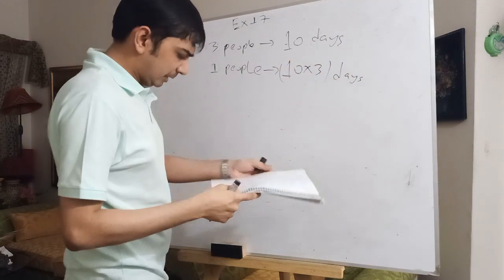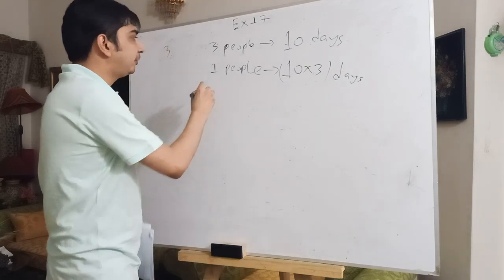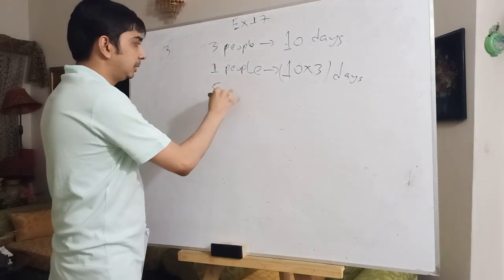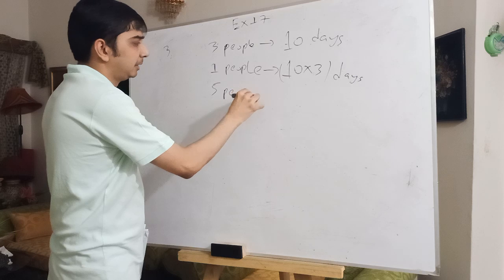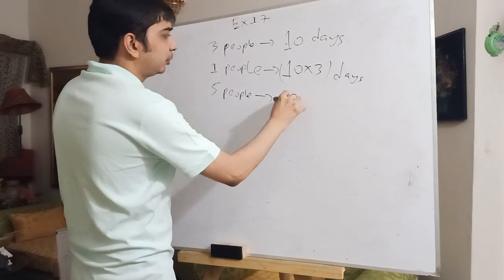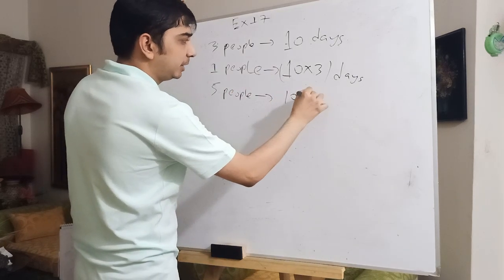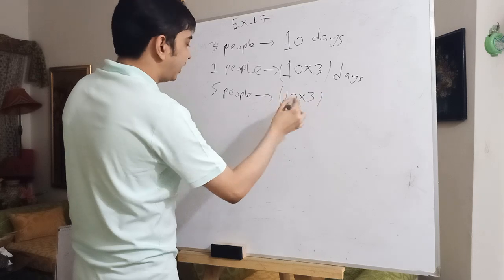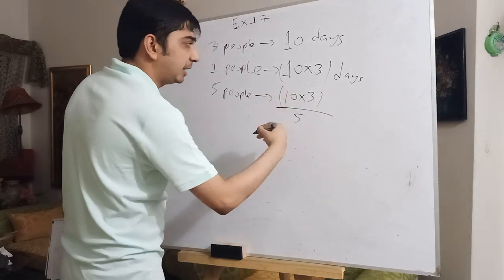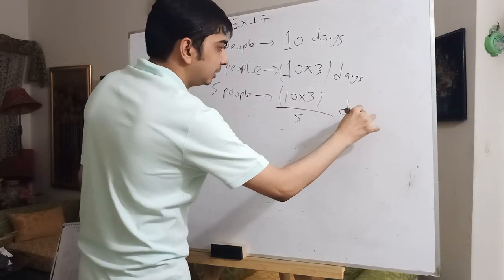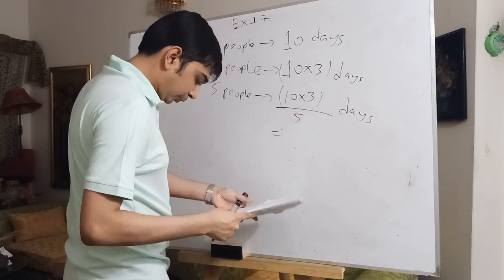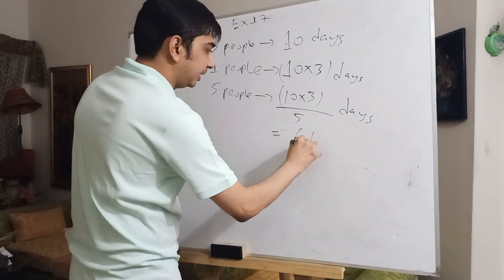Now they're asking how long it's going to take for 5 people. One person takes 10 into 3, so 5 people are going to take less time. So this is equal to 6 days.